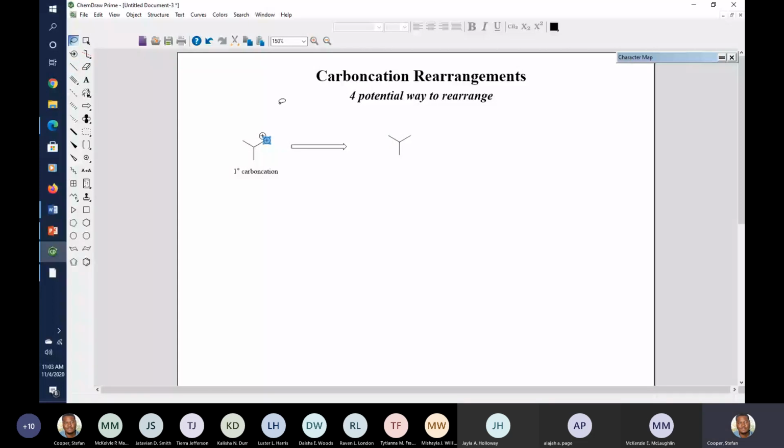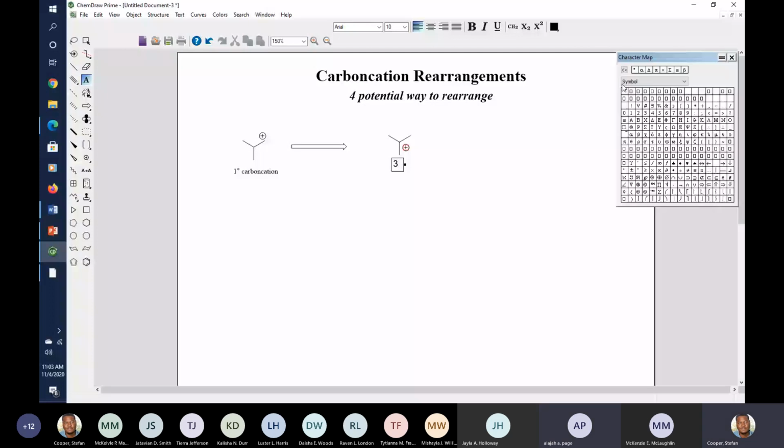And you would call this version on the left what type of carbocation? Must be a tertiary carbocation. That's the whole idea around carbocation rearrangements.